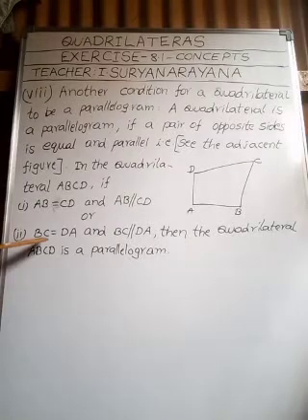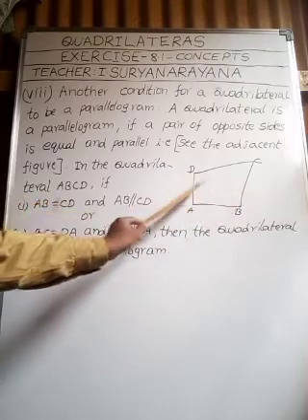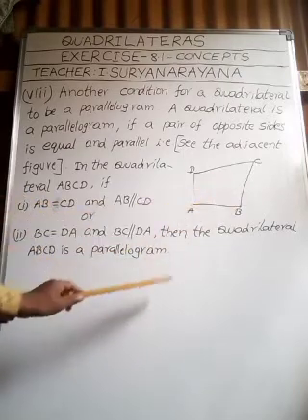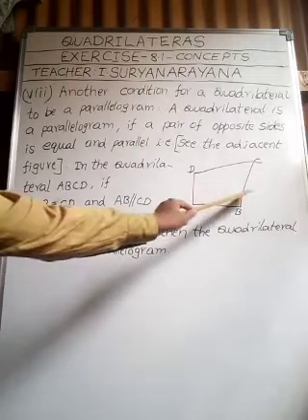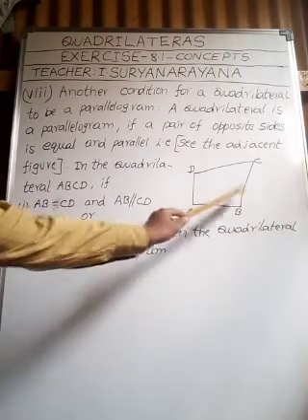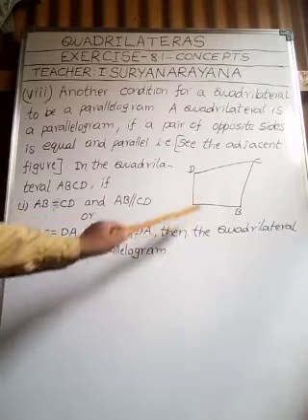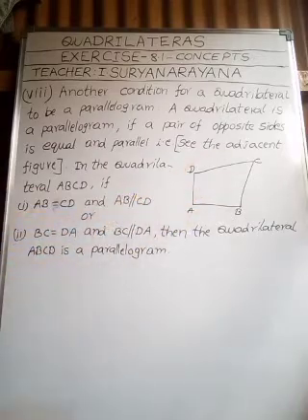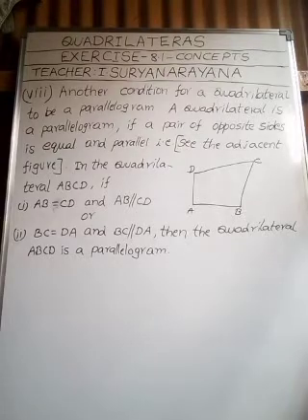If BC is equal to DA, only this pair of opposite sides, and it is equal and parallel, then this quadrilateral ABCD is a parallelogram. This is also another condition for a quadrilateral to be a parallelogram.